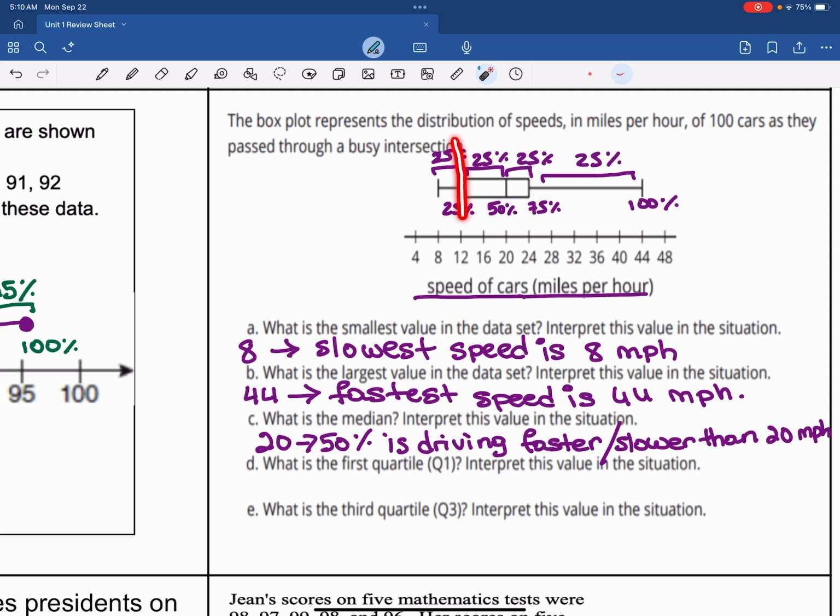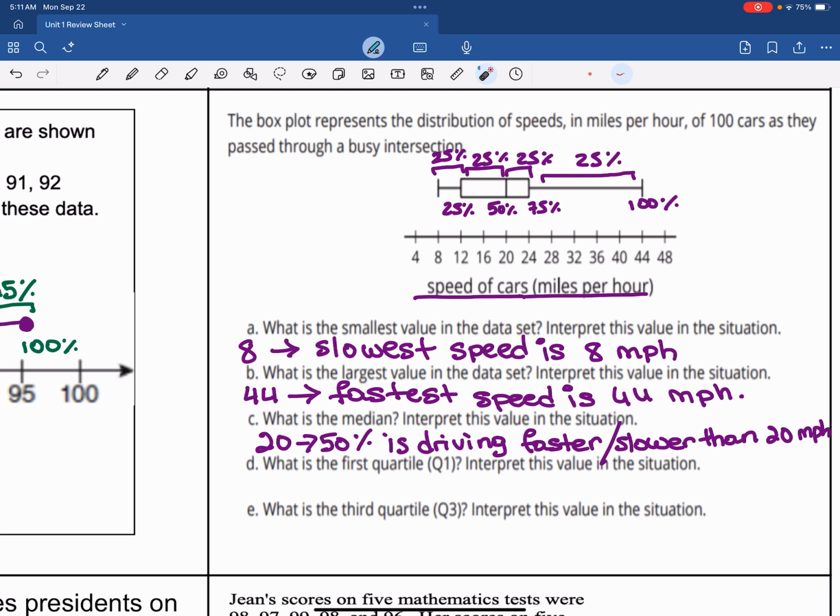So if I want to make an interpretation using the left side, I can say 25%, because Q1 marks our 25th percentile. So I can say 25% of my cars are driving slower than 12 miles per hour.